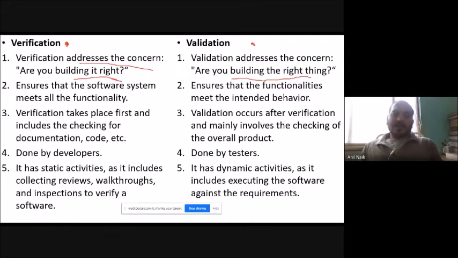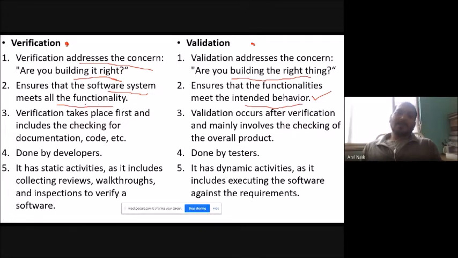Verification ensures that the software system meets all the functionality, and validation ensures that the functionalities meet the intended behavior. It should meet the intended behavior of that particular software.